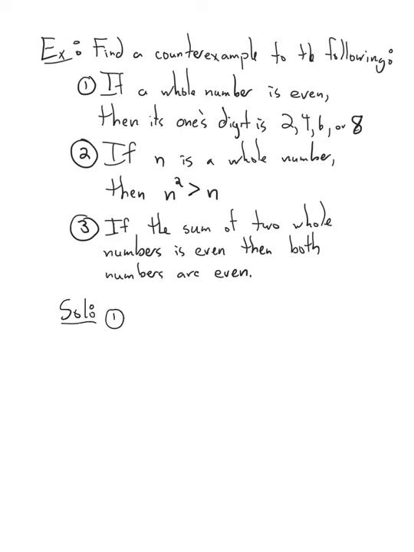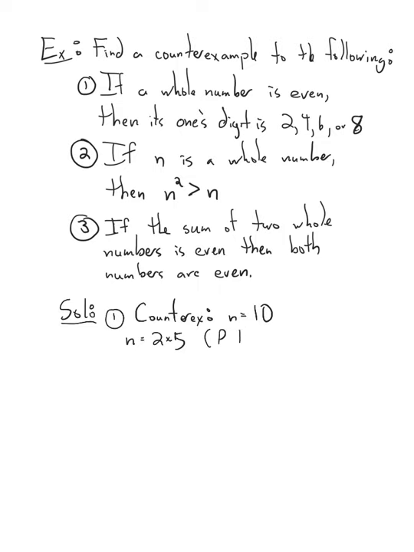The first one: if a whole number is even, then the ones digit is 2, 4, 6, or 8. Well, there are infinitely many counterexamples to this. A good example would be, say, 10. So our counterexample is n is 10. And it's good practice to tell people why that is a counterexample. n is 2 times 5, so it's even.